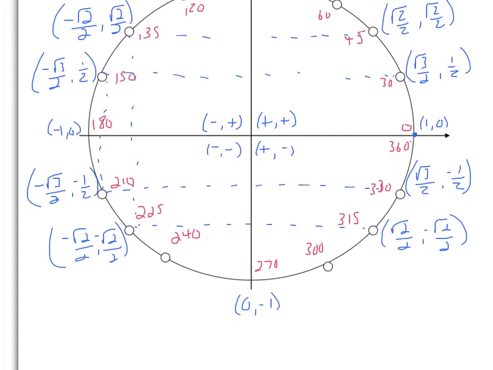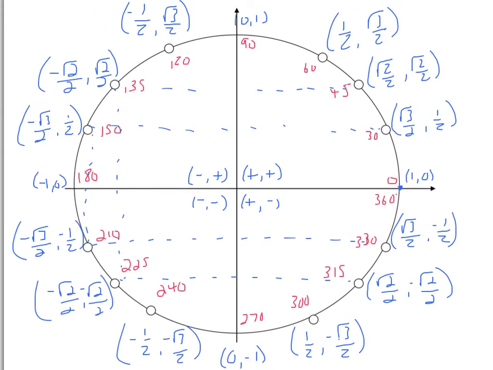Reflect that downward, and I get a negative 1/2, a negative root 3 over 2. Reflect that over, and I have 1/2, negative root 3 over 2, and that is all the coordinates. Again, it's just sine and cosine, so that's 4 points.